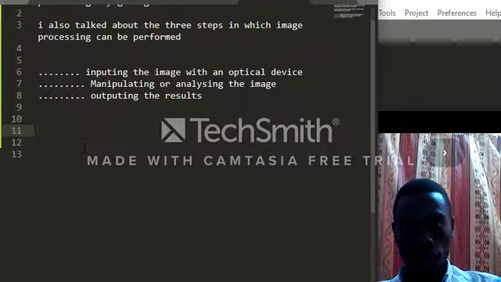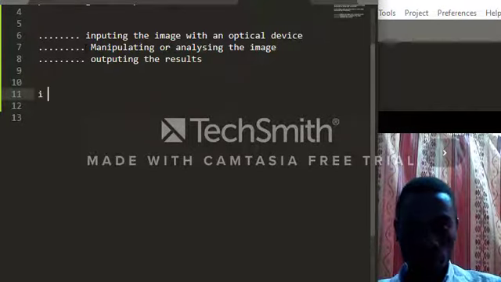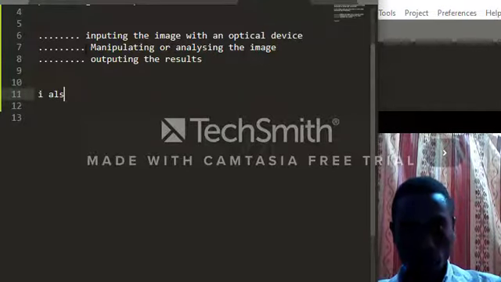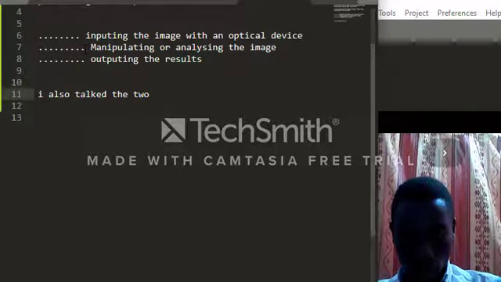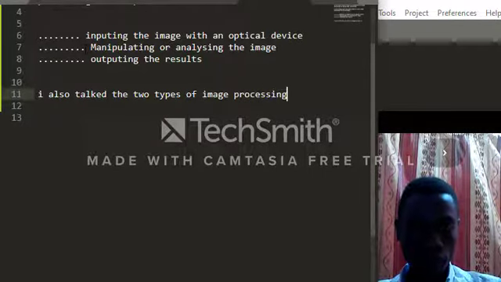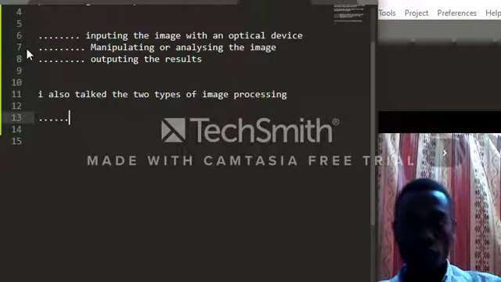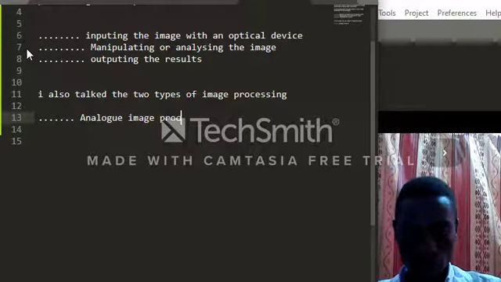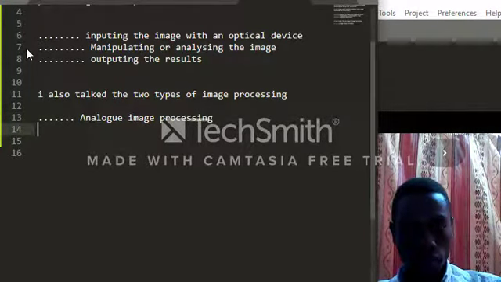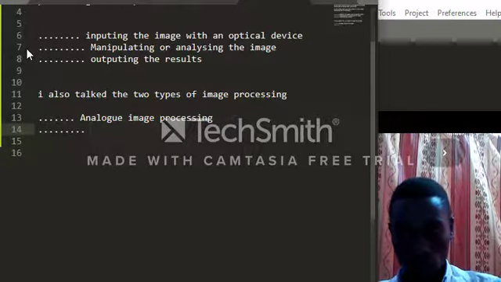After that, still in the first video, I also talked about the 2 types of image processing, and these were: the first type is analog image processing, and lastly the second type is digital image processing.